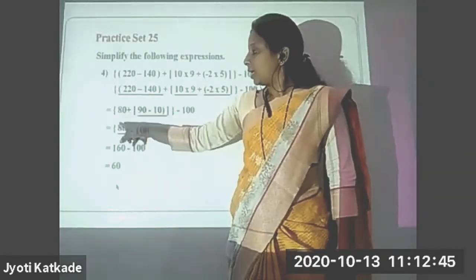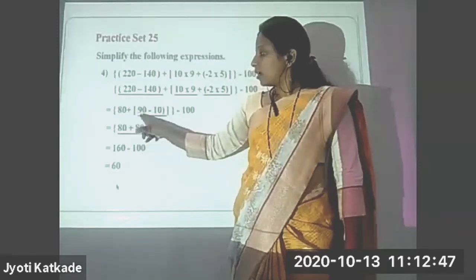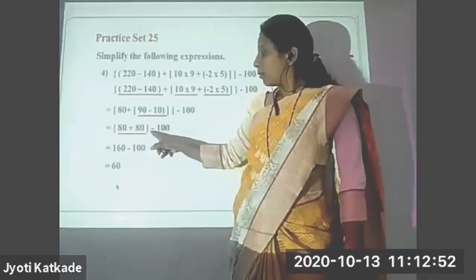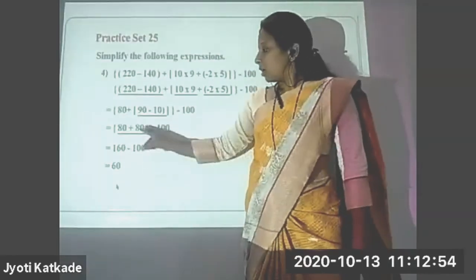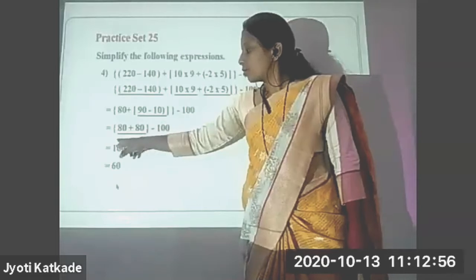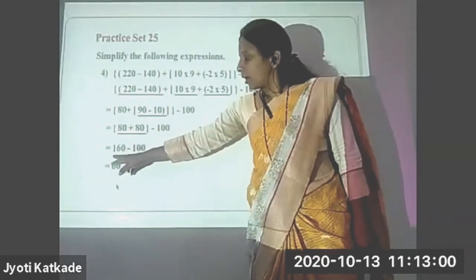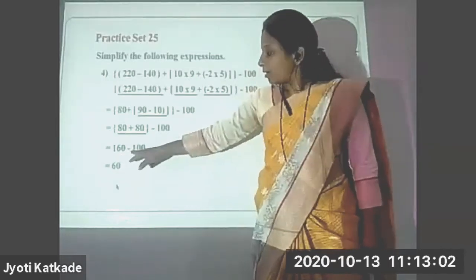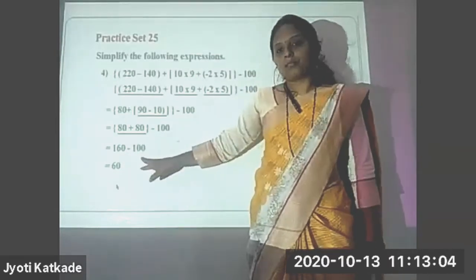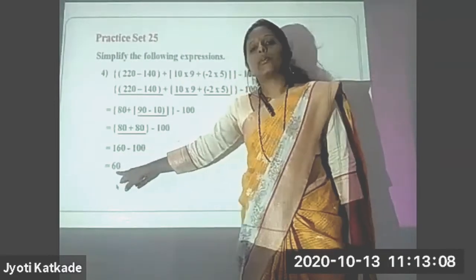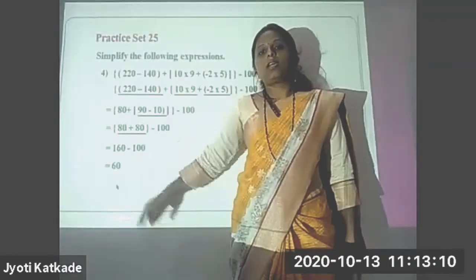So put 80 plus as it is. 90 minus 10, we get 80, plus 80 and minus 100. Now again there is the curly bracket, so solve this bracket. 80 plus 80 gets 160, minus 100 as it is. Subtracting 100 from 160, we get 60. Okay?